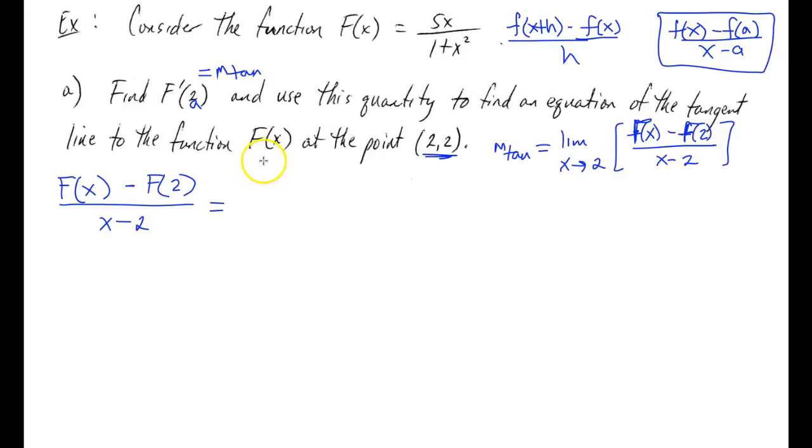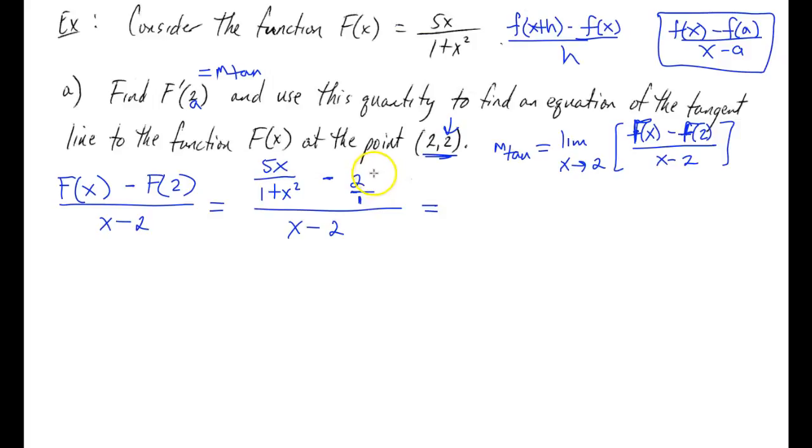So we know that f of x is just 5x divided by 1 plus x squared. And we also know that f of 2, according to what we see here, is just 2. So we'll take that and divide that by x minus 2. Now, using algebraic techniques here, we know that this is like that over 1, and we need to make a common denominator.